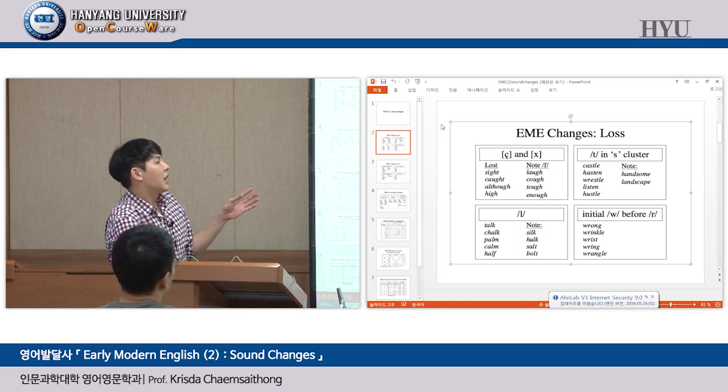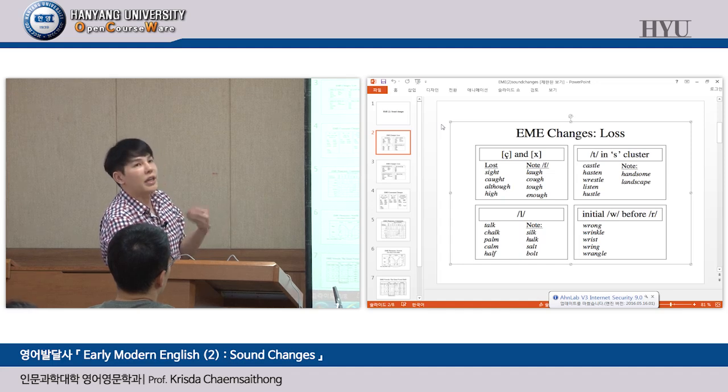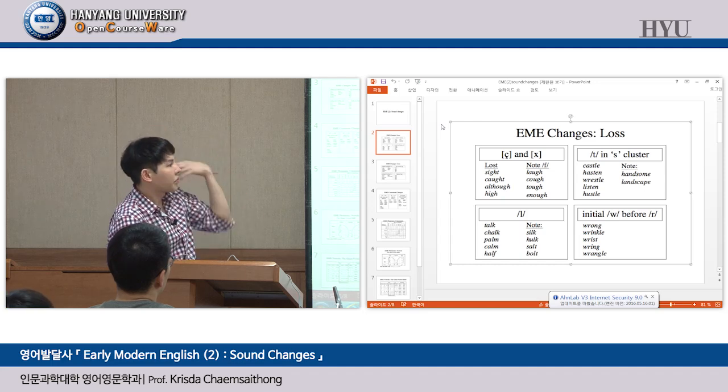The L after a low back vowel and in front of K, which is velar, and M, which is labial, tends to be lost. Okay, L in that position. However, in other positions, like silk, this is after a front vowel, right? So L is still there. And in other positions, L is still there, okay?